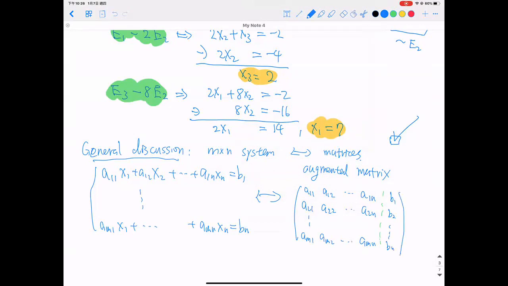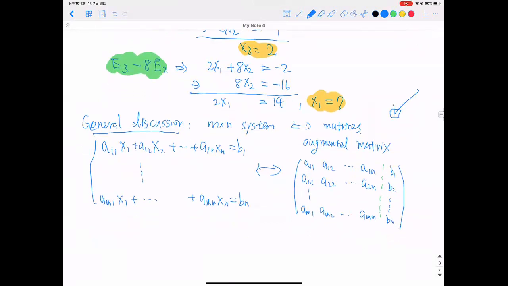So this is the augmented matrix corresponding to the system. Now, if you just have the left-hand side, it will give you an n by n matrix. That is the coefficient matrix of this system.